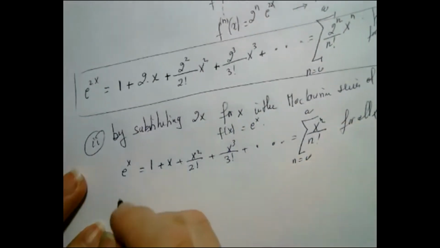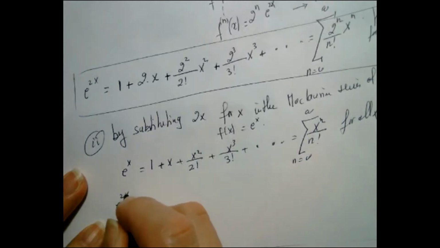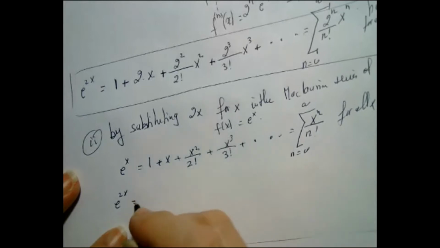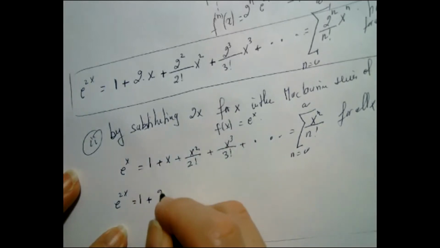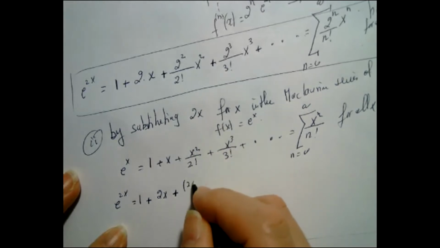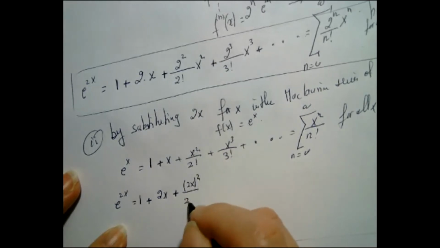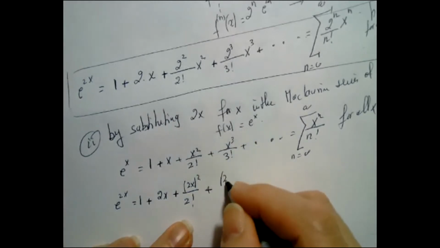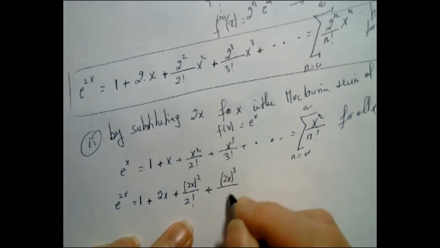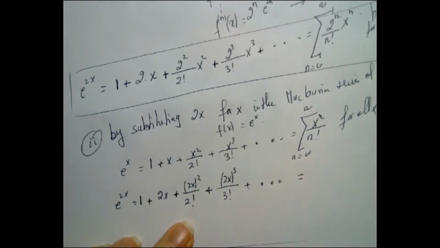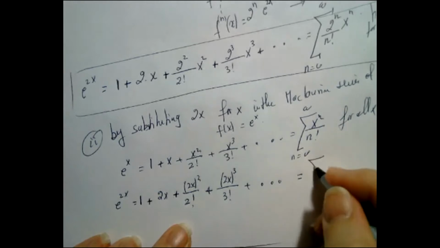So I'm going to substitute 2x for x. It means whenever we have x, I'm going to put 2x. I will have 1 plus 2x plus (2x) squared over 2 factorial plus (2x) to the power 3 over 3 factorial plus so on and so forth. So it means sigma.